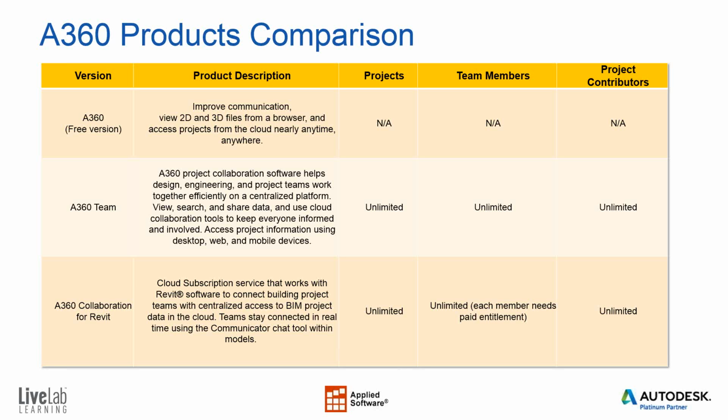And as they get a hang of it, if they decide to bring on more projects, it doesn't change their yearly cost. They just get other team members to get the Collaboration for Revit account, and then they can work on it. So that's the pricing of it, and you can get it directly from us, Applied Software, Autodesk reseller, and we can also give you support to get set up. It's really pretty straightforward.